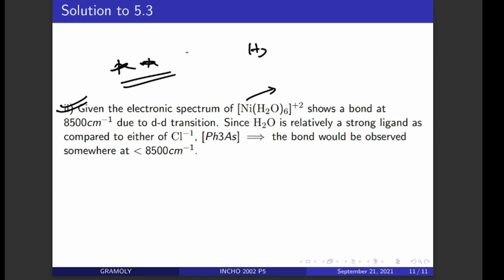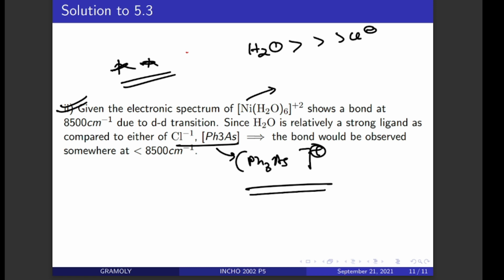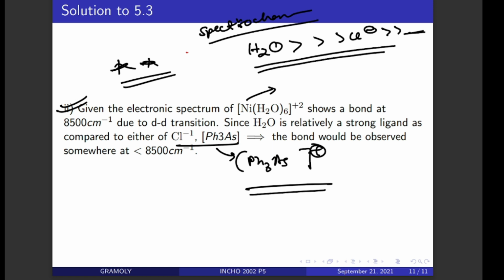Water is obviously a very strong ligand as compared to Cl minus, and PH3As is a cationic ligand, so it would have even less tendency to give electrons. It would come further along in the spectrochemical series. So first of all, we should have knowledge of the spectrochemical series, so it would help us understand what happens when a particular complex is formed.